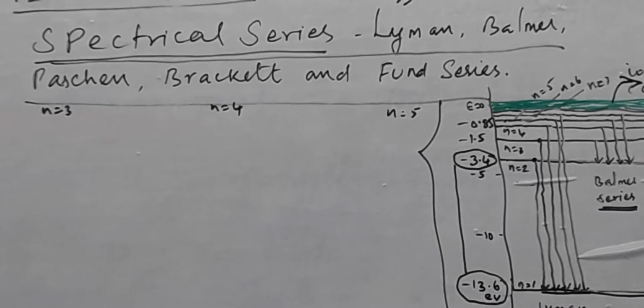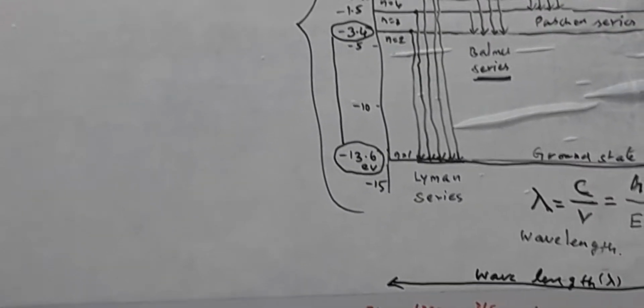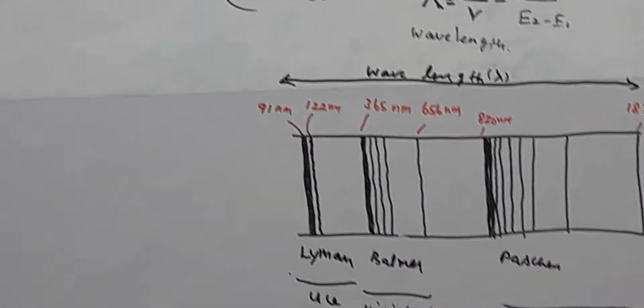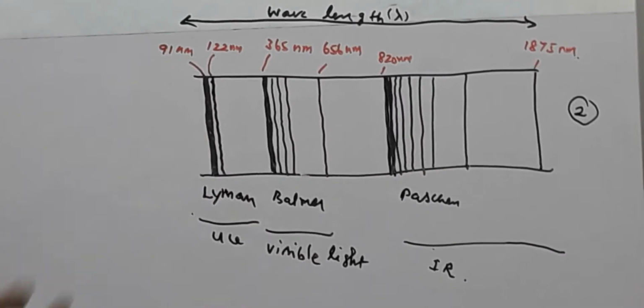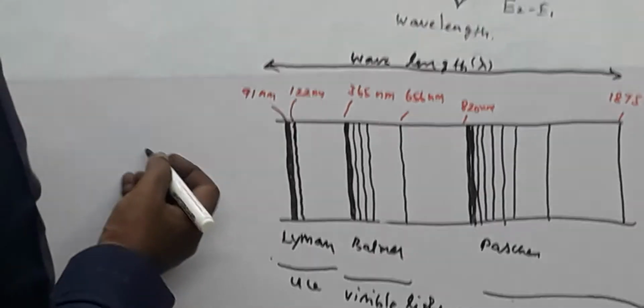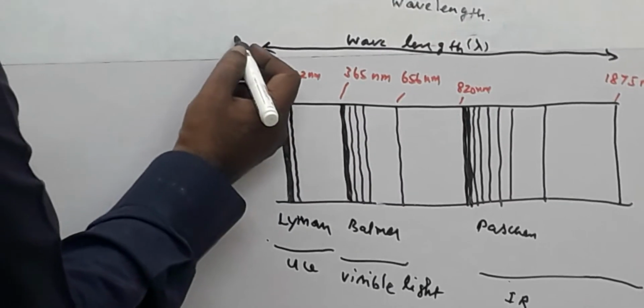Okay, with the help of the second figure, we explain. If you consider the Lyman series, this is the wavelength figure. If it is increased, this is a lower wavelength.